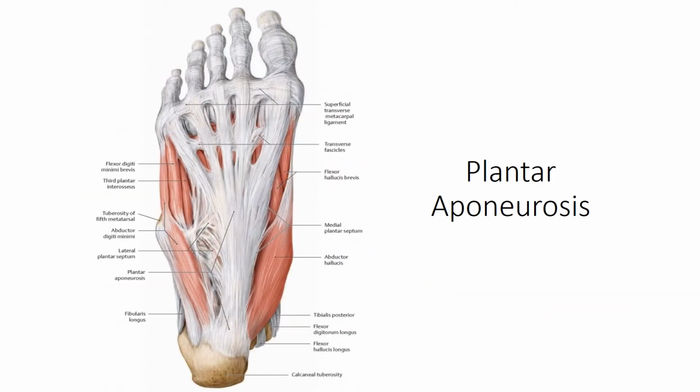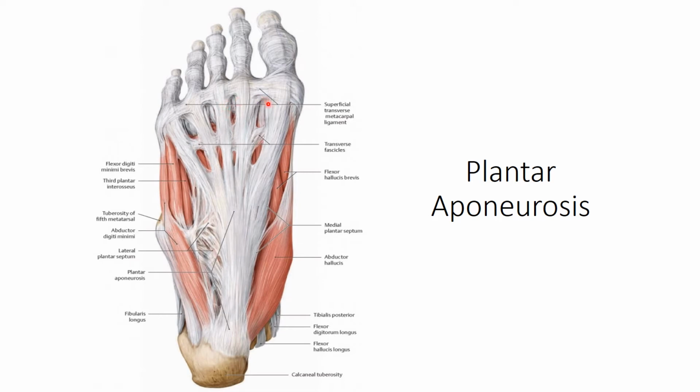Now starting with the ligamentous support. The most important ligamentous support is the plantar aponeurosis, which runs as a tie beam between the posterior pillar, the calcaneus, and the anterior pillar, which is the heads of the medial three metatarsals.